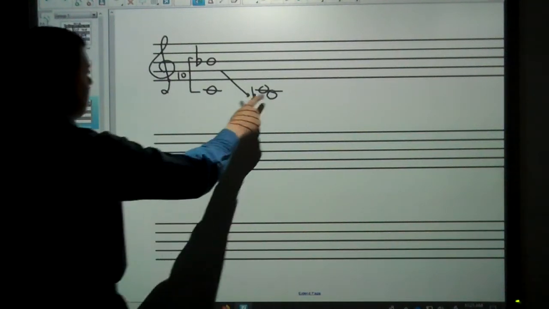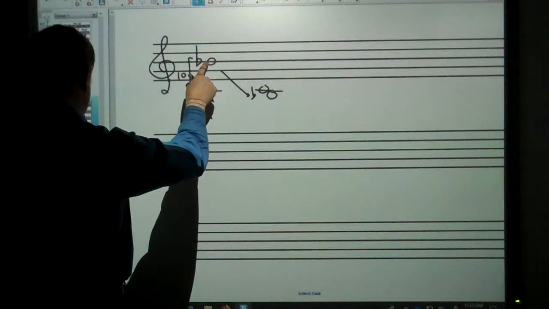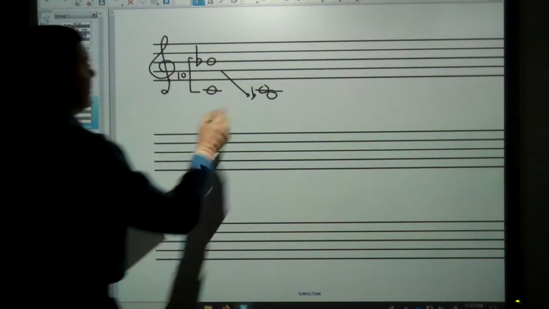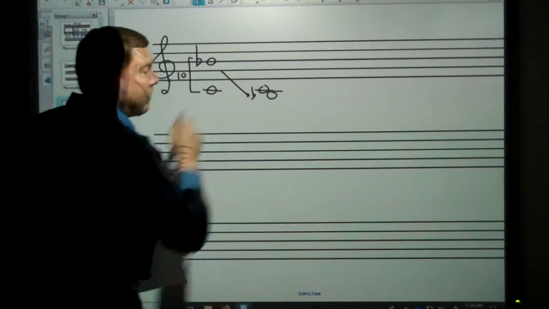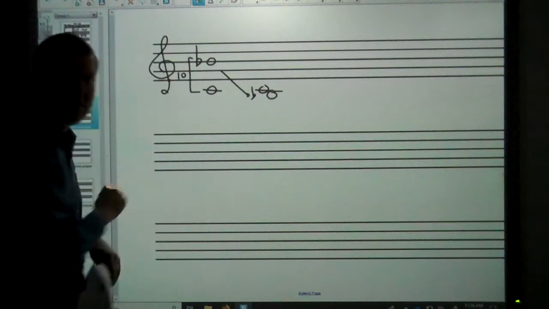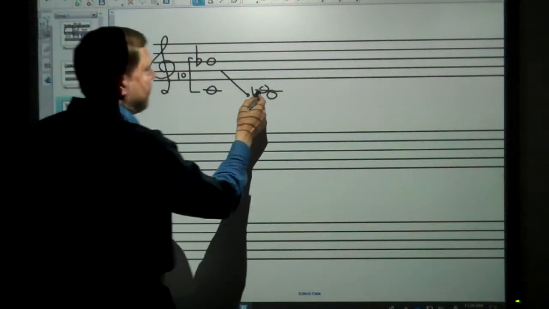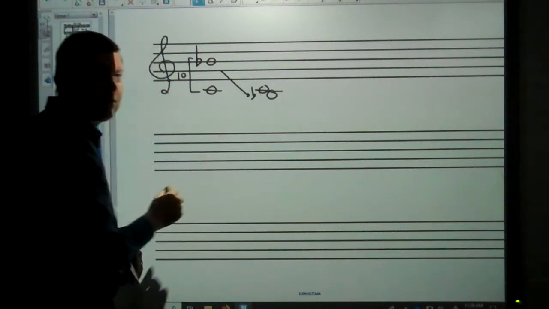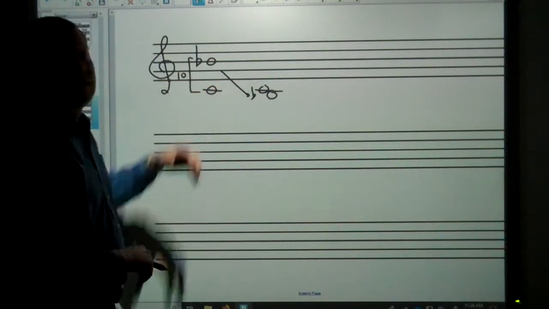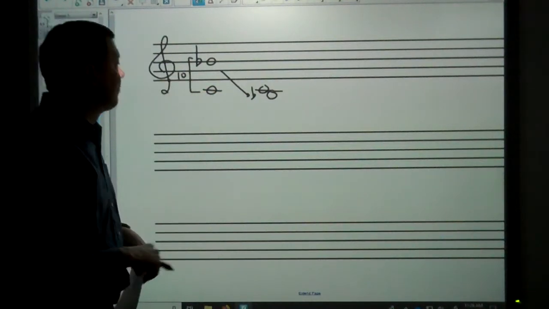So, since this B flat is also a member of this B flat's pitch class, and this distance between C and B flat is shorter than the distance between this C and this B flat, then the number of half steps between these two pitches is going to represent our interval class between the notes C and B flat.